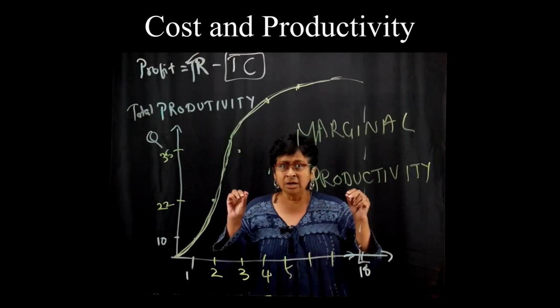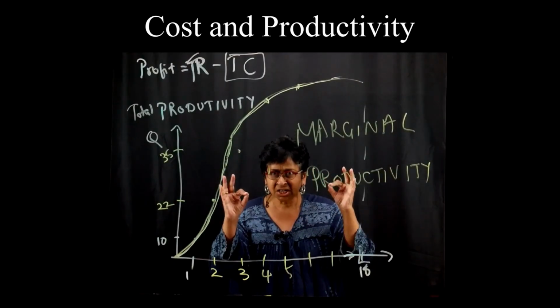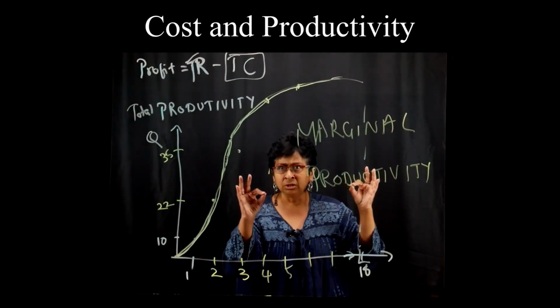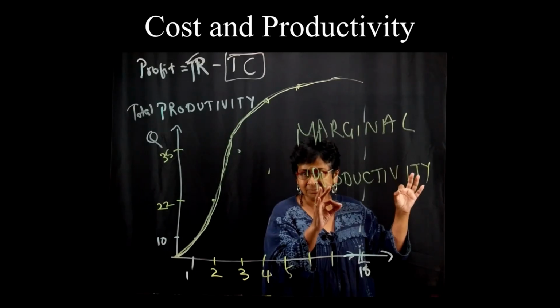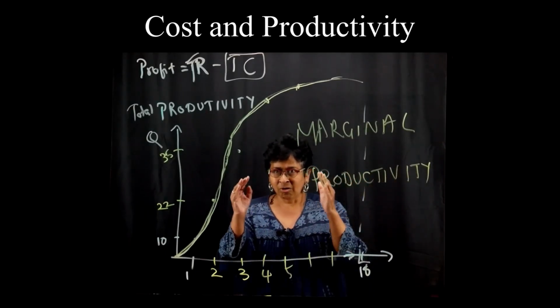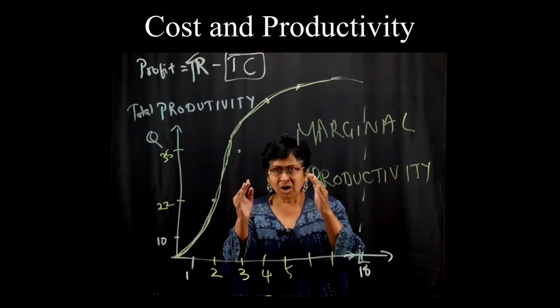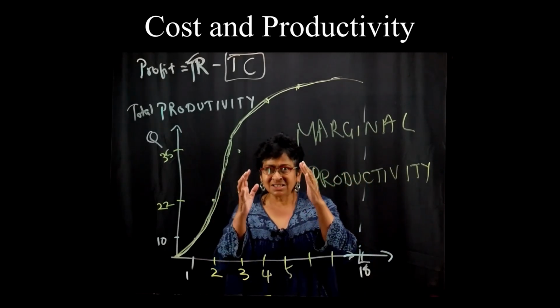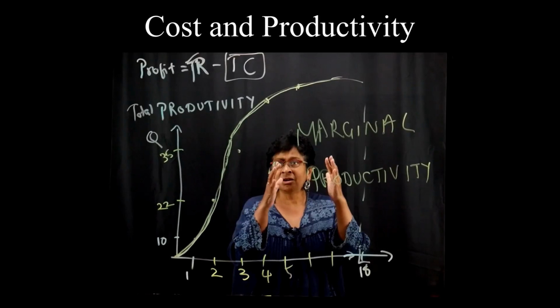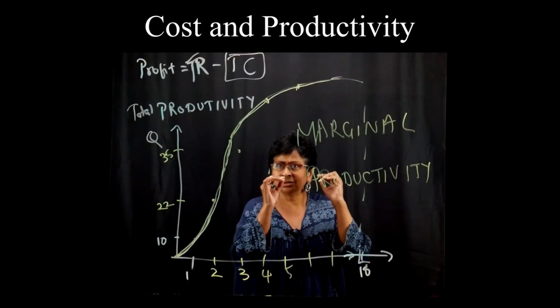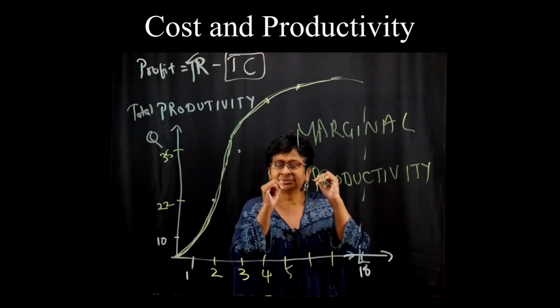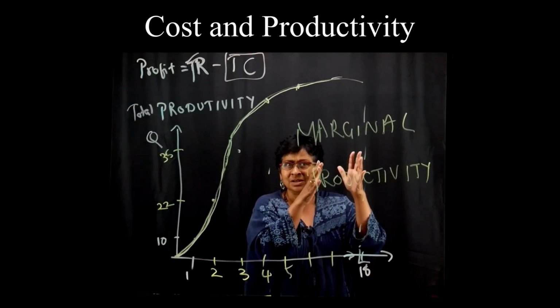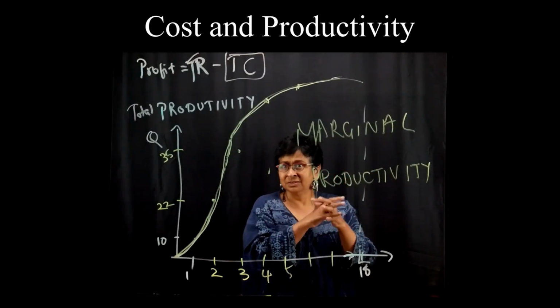And we're going to call this the law of diminishing marginal productivity. That additional workers add not quite as much output compared to the previous workers, right?